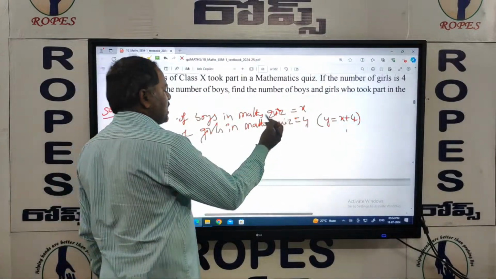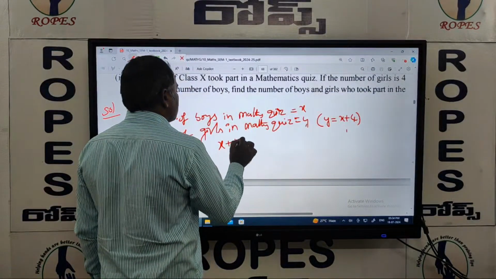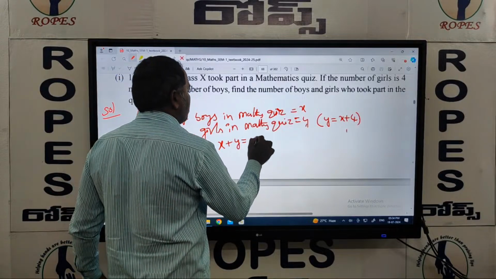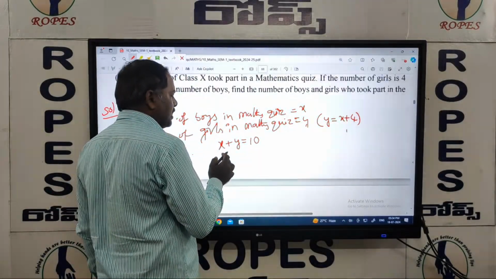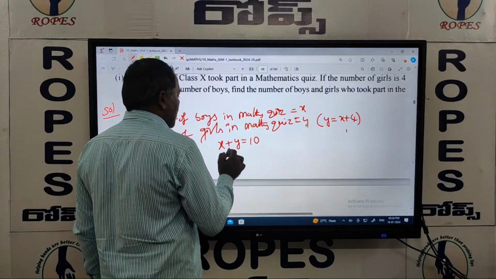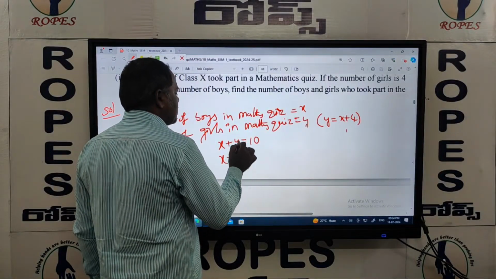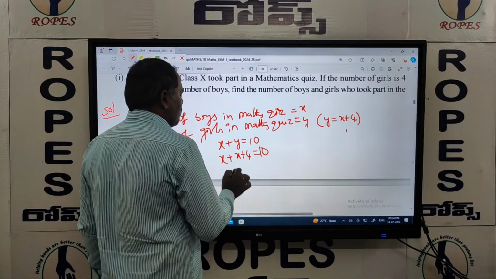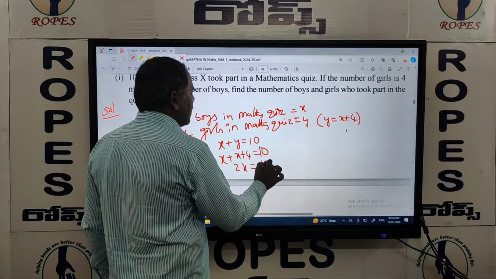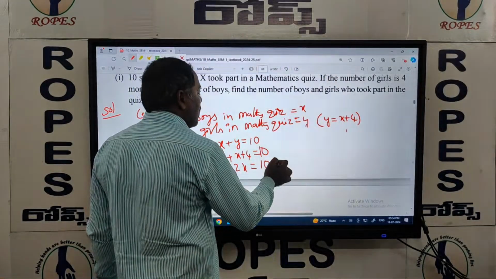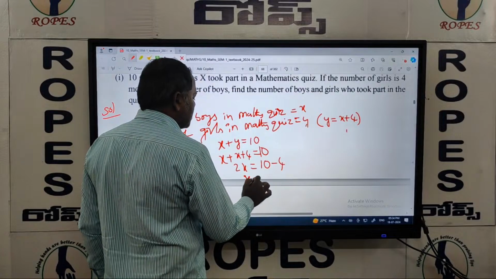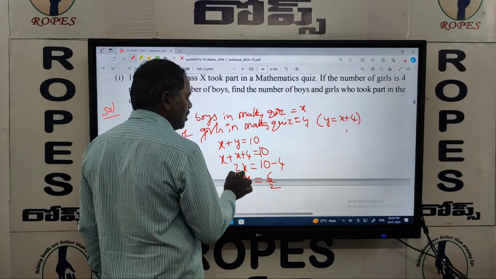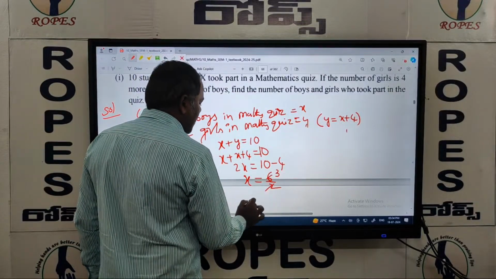Then X plus Y is equal to how many members are participating? 10 members. So X plus X plus 4 is equal to 10. From this 2X is equal to 10 minus 4, then X is equal to 6 by 2. Then X is equal to 3.